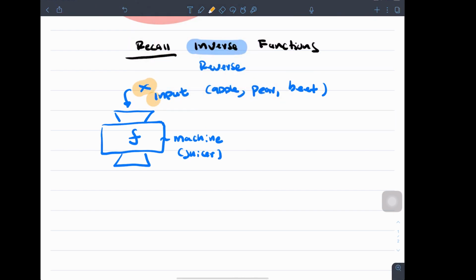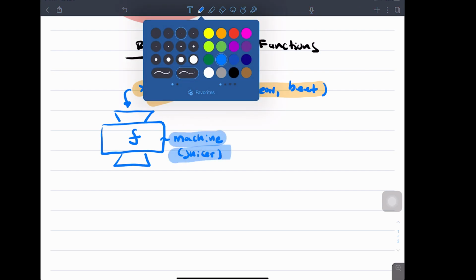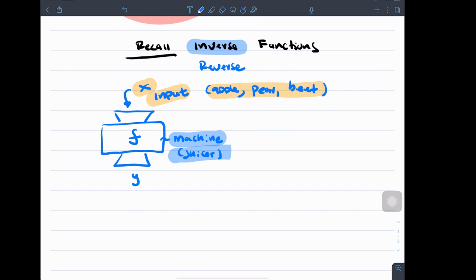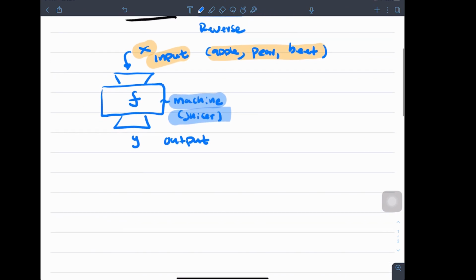These are all inputs. You drop it in your machine, the function. It's a juicer. What do you get as an output? You get these things called y, and these are all outputs. If you drop in an apple, you get apple juice. If you drop a pear, you get pear juice. And if you drop a beet, of course, you get beet juice.